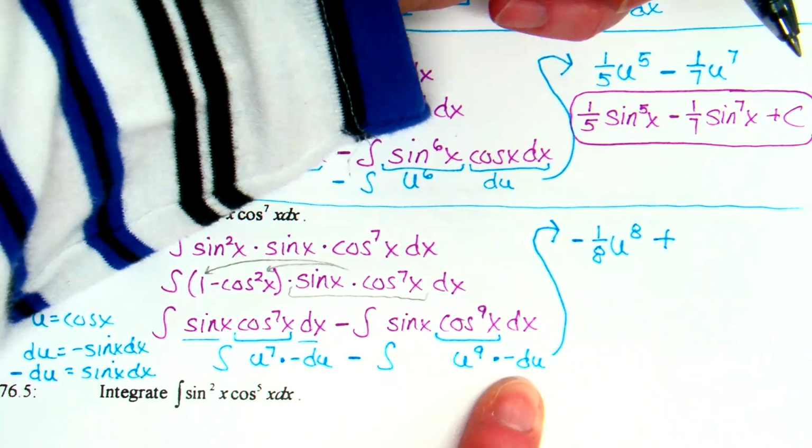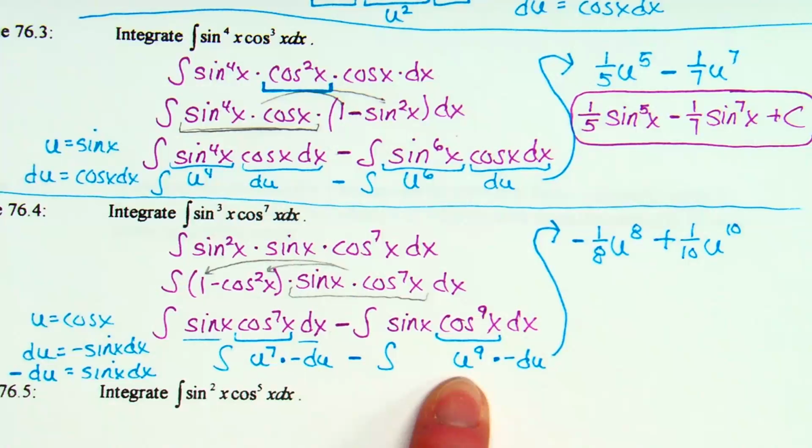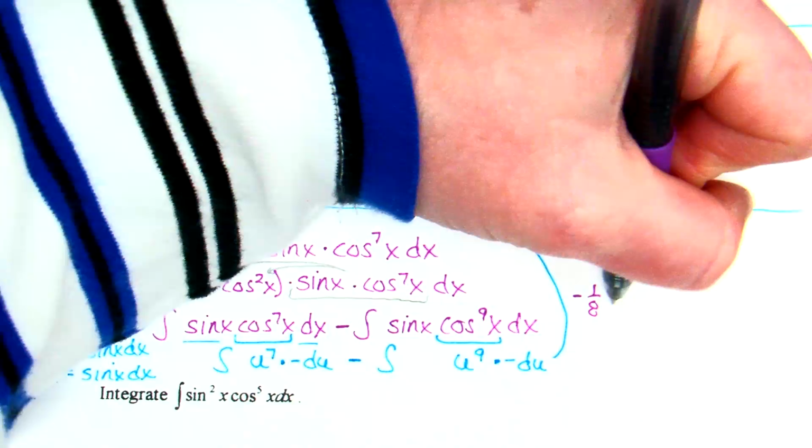Plus c. And you're filling in what was u? Cosine x. So negative 1/8 cosine to the 8th x plus 1/10 cosine to the 10th x plus c. Lots of integrating practice. We're going up in powers. And we're remembering those plus c's.